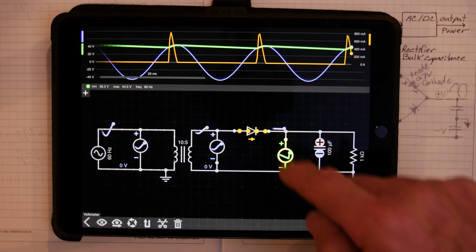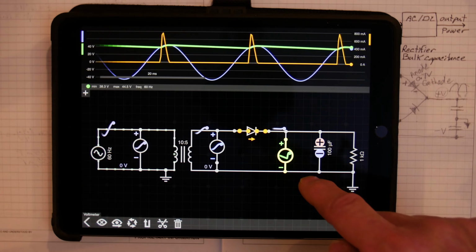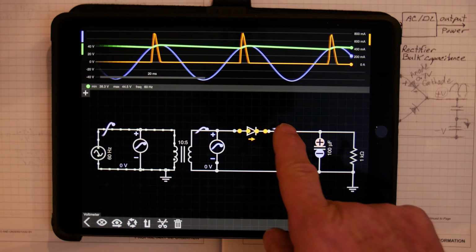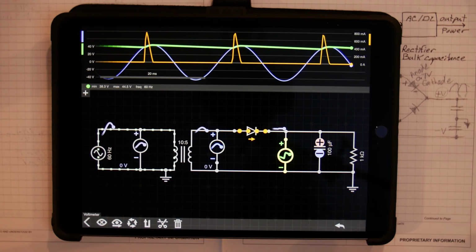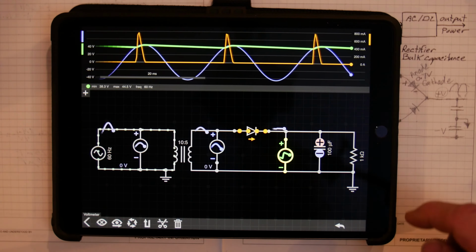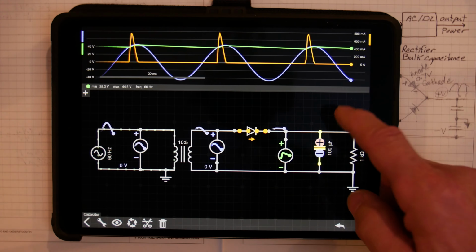It's only charging during the part where the purple waveform is above the green waveform. The voltage here has to be higher than this side so that it can flow through that diode. So it's 800 milliamps.